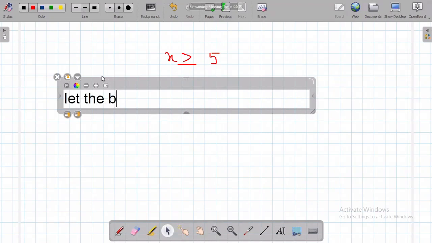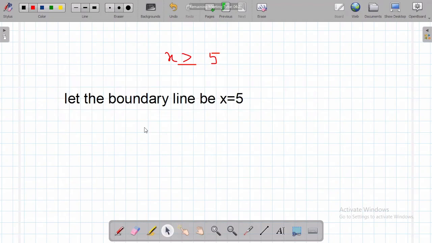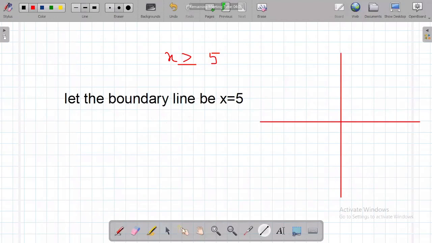Let the boundary line be x equals to 5. Now, as you all know, if there is x equals to 5, then we have learned that when there is the variable only x and there is no y, then we need to understand that this type of equation is always parallel to the y-axis. So we have learned this also, okay?